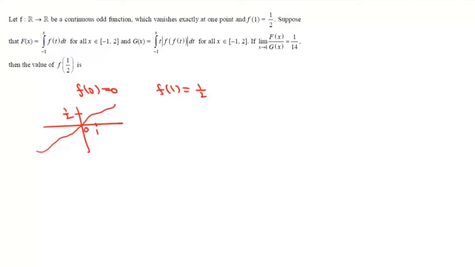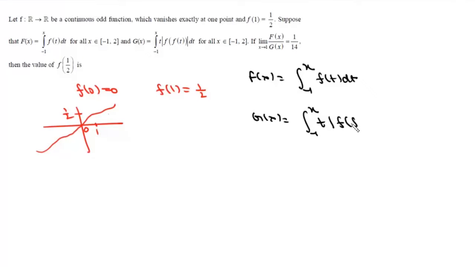Now we are given that capital F of x is this integral from minus 1 to x f of t dt, and capital G of x is this integral from minus 1 to x t into mod of f of f of t dt for all x belongs to minus 1 to 2.